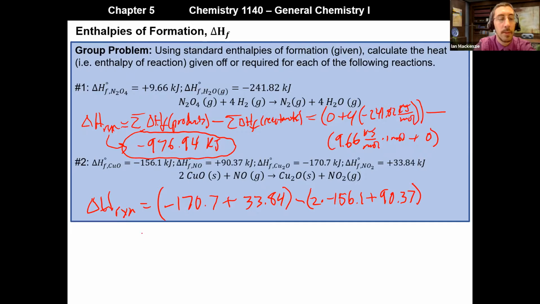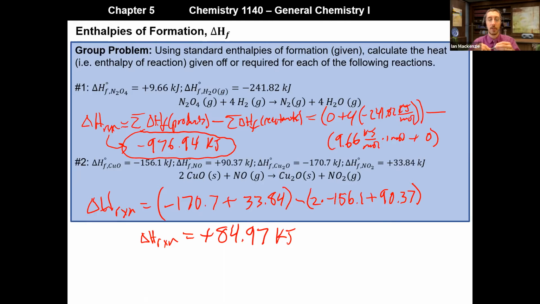And you take all of that through, delta H of reaction is going to be equal to negative 170.7 plus 33.84, and then subtract, in parentheses, 2 times negative 156.1 plus 90.37, and we come out with positive 84.97 kilojoules for this reaction.